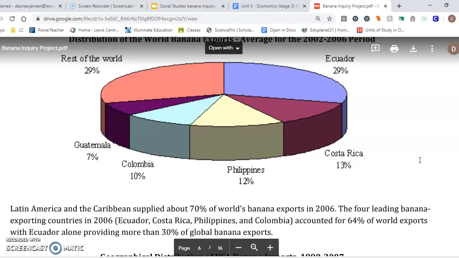That accounted for 64% of the entire world's exports, with Ecuador alone providing more than 30% of global banana exports. So you can look at that graph and see the volume that each of these countries is contributing.